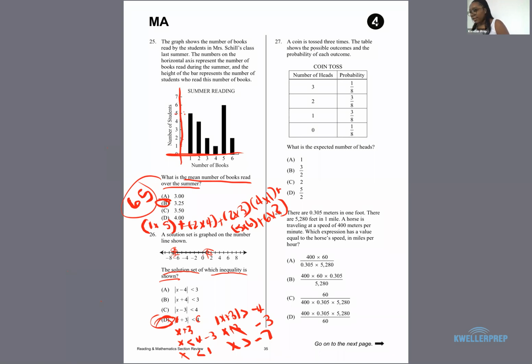Okay, 27. A coin is tossed 3 times. The table shows the possible outcomes and the probability of each outcome. What is the expected number of heads? Now, whenever you're doing probability and you hear the word expected, this is when the term expectation comes into play.